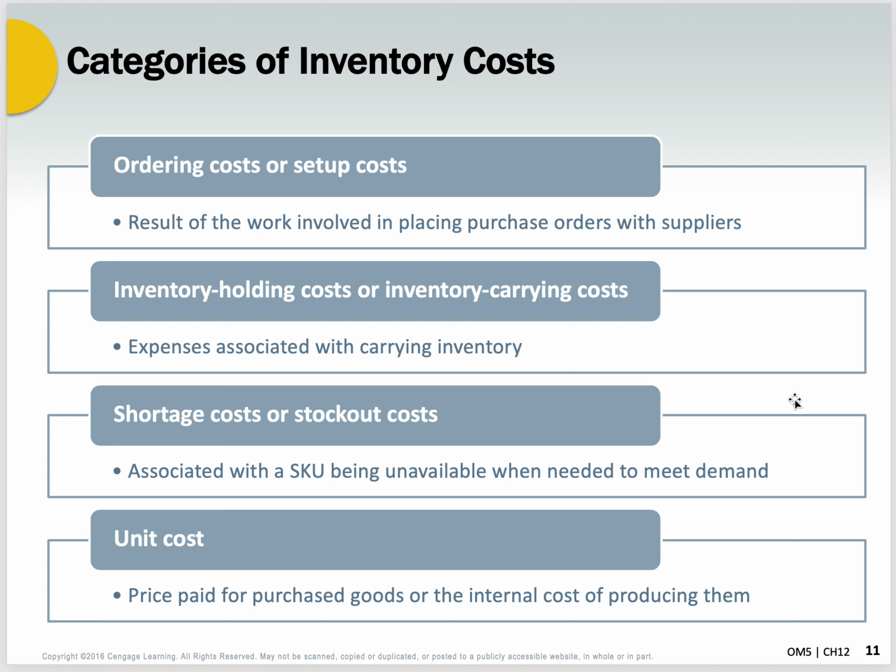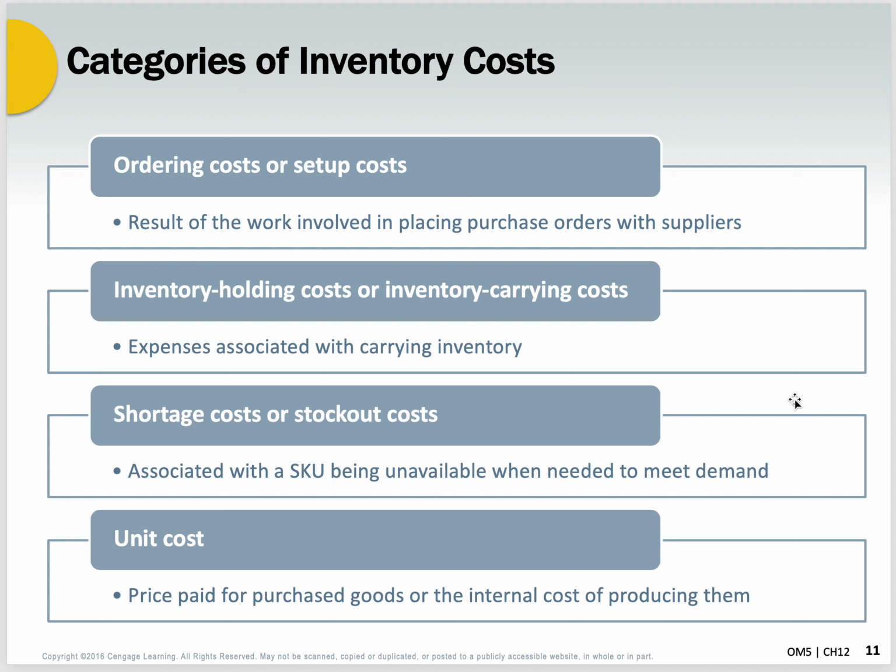Inventory holding cost. Inventory sitting in your warehouse, whether it's a raw material or a finished good, has to pay rent. That warehouse costs you a certain amount a year. And it's in rent and wages of the people that work there, and the overhead of the administrative staff that works in the warehouse, the taxes that they pay, all the utility costs, all of those things go into it.